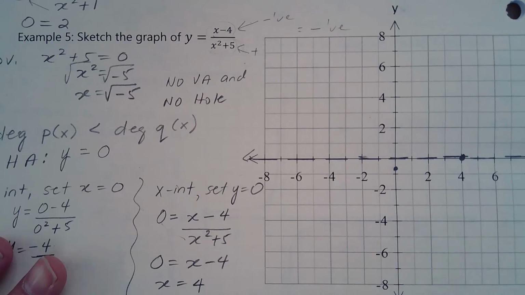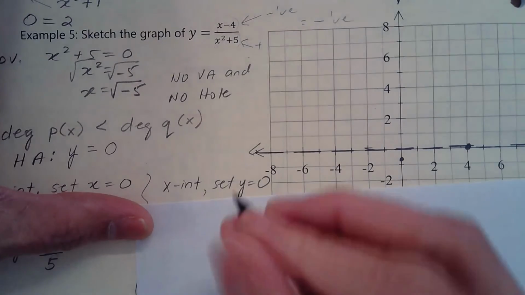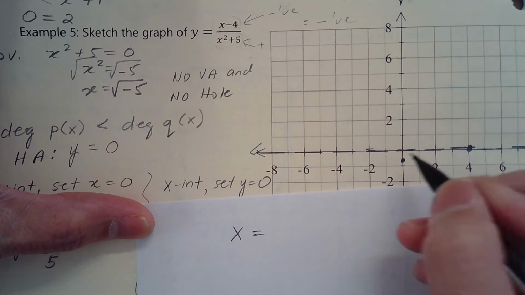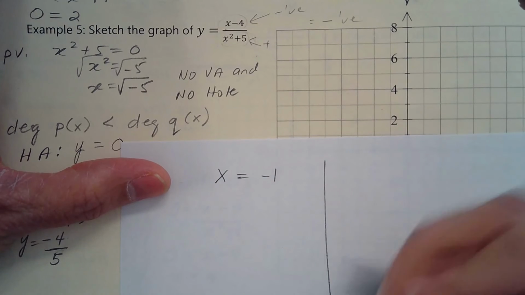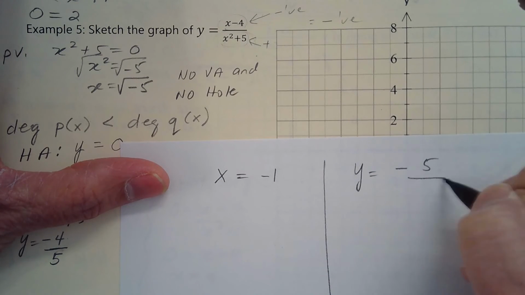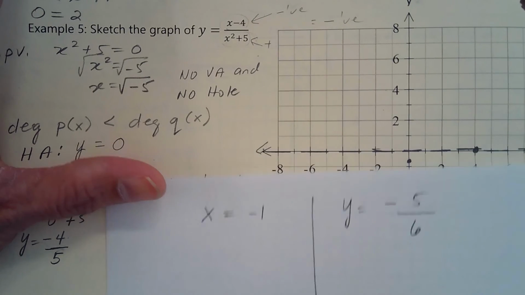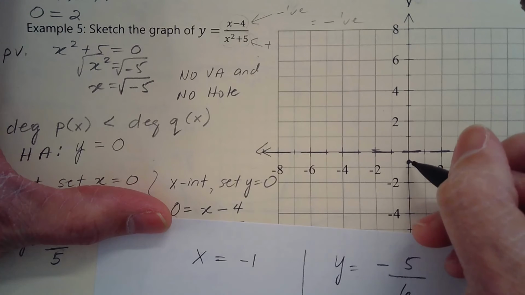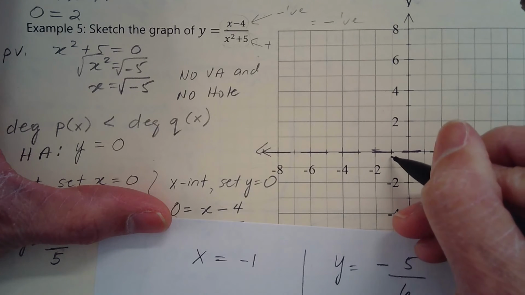Okay, let's put a value here. If x is equal to -1, what would the y value be? -5 over 6, right? So -5 over 6.